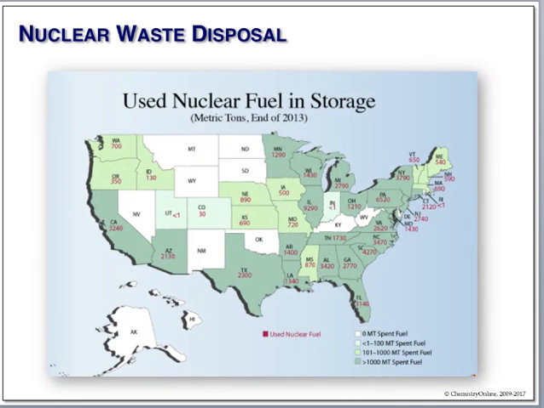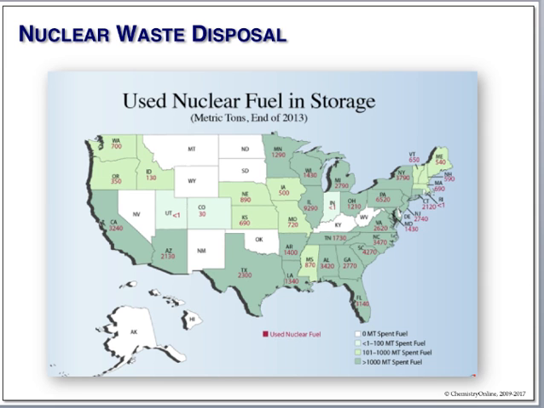So most of it actually is stored in swimming pools. If you look at the map here, these are metric tons of used core that are just hanging around. Let's see. Florida has 3,100 metric tons. None in Wyoming. Colorado only has 30.